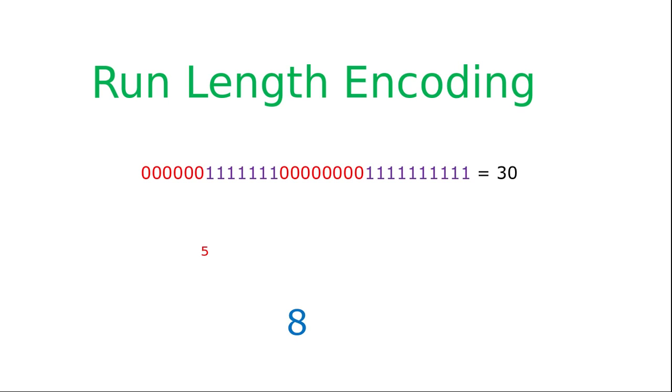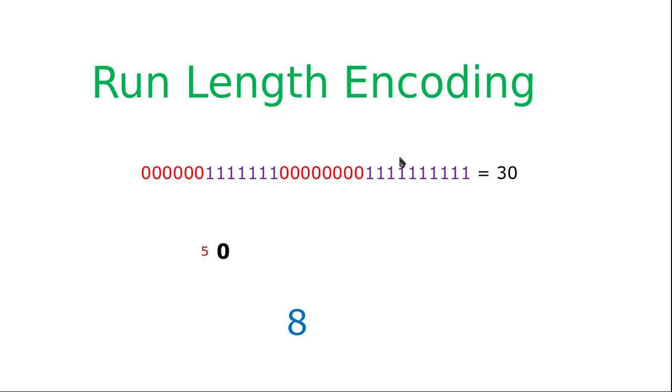Let's see, suppose we have this big length of zeros and ones. The first run is around 5 zeros, then 6 ones, and again 7 zeros, and so on. In total there are 30 bits of information.